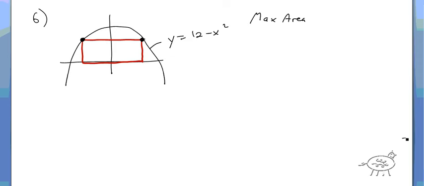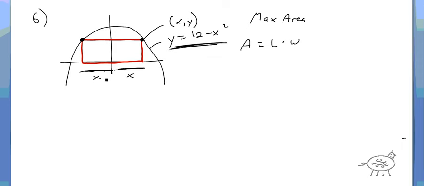Okay, so with this one, we know our area equals length times width. In terms of x and y, this coordinate here is x comma y, because it's on this parabola. So that means this distance right here is x, and this distance here is also x, and this distance here is y.